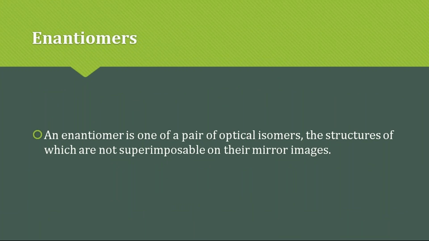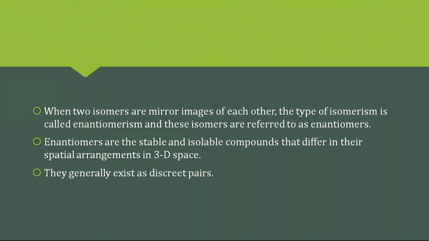Enantiomer is one of a pair of optical isomers, the structures of which are not superimposable on their mirror images. So they are stable and isolable compounds that differ in their spatial arrangements in 3D space. They generally exist as discrete pairs.